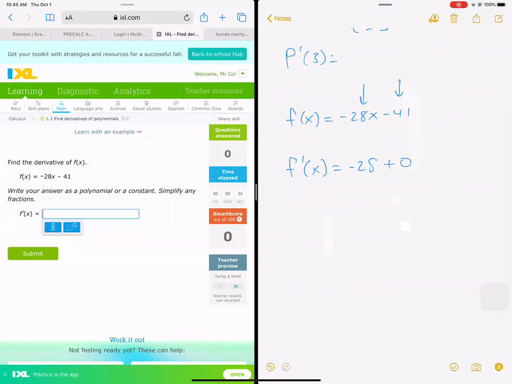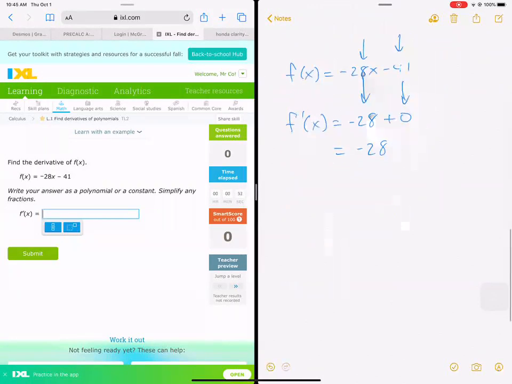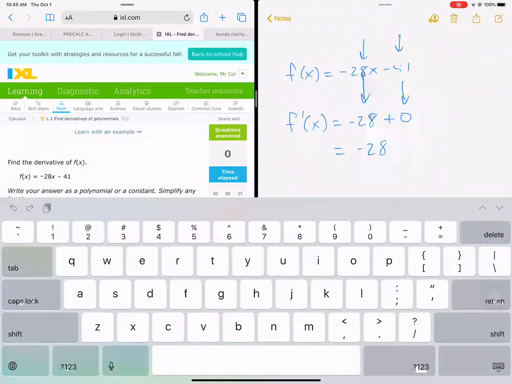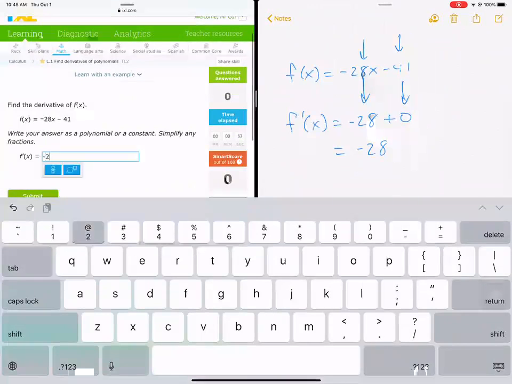If you want, you can write 0. Right now, it's just negative 28. So you're going to do the derivatives as fast as you can because you don't want to do homework forever. But that's it. Let's go ahead and take a look at the next problem. Let's just write it. Negative 28.